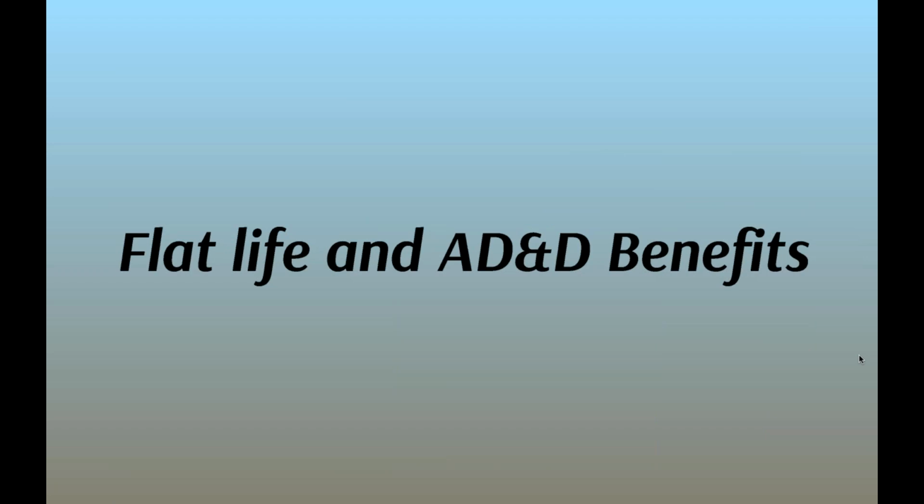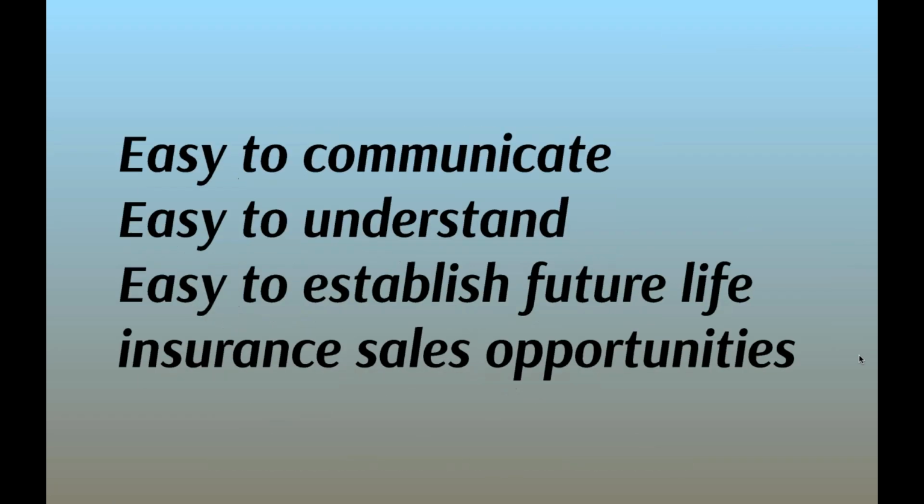When you have a flat life and AD&D benefit, it's interesting because it makes it really easy to communicate. It makes it really easy to understand. It makes it really easy to establish future life insurance sales opportunities for you. When you tell an executive they've got $100,000, the executive doesn't say, "I don't know how much I have. Do I have 1 times my earnings or 3 times my earnings up to an NEM of what?"